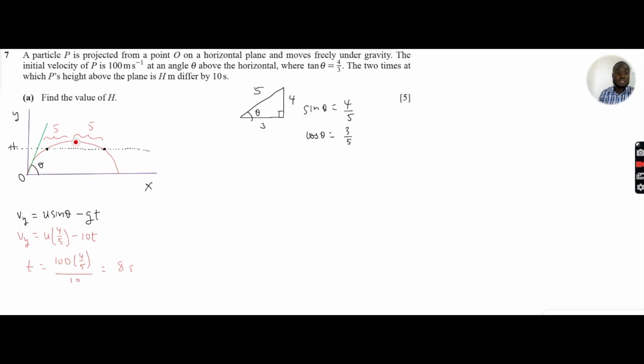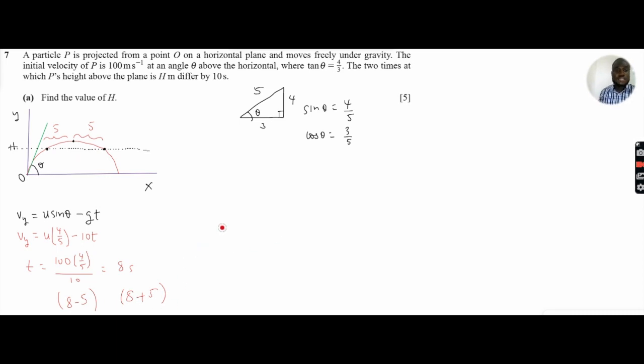So if that point is the maximum point that we have just found, then before it, 5 seconds, after it, 5 seconds. And that implies that we got to the height h at time 8 minus 5 seconds and 8 plus 5 seconds. The first time is 3 seconds, the next is 13 seconds.